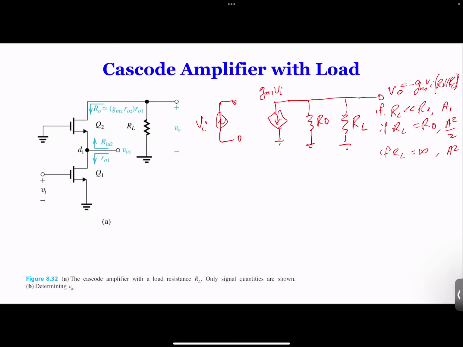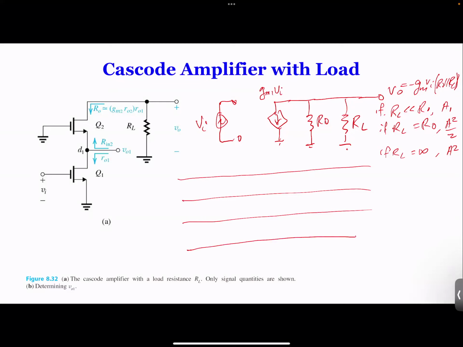So basically, in the book, there's a table, I believe it's Table 8.1, that summarizes different load cases for the amplifier. With the load, we can summarize it here.